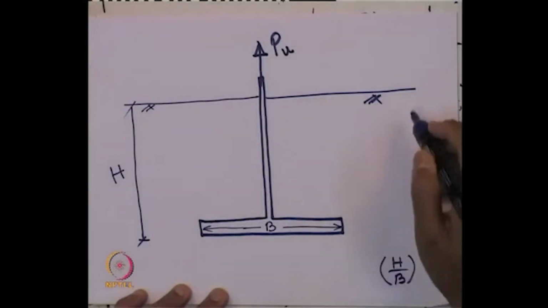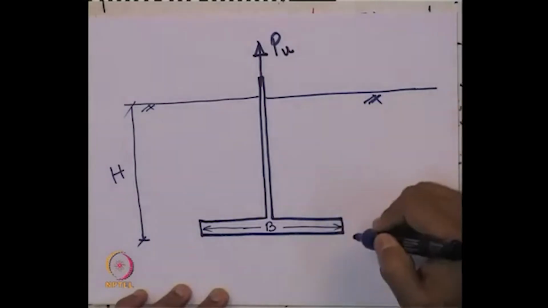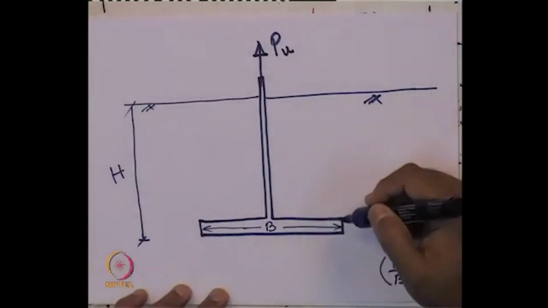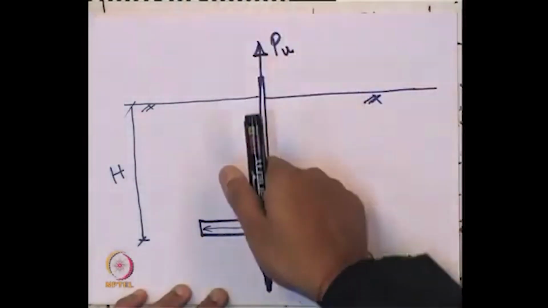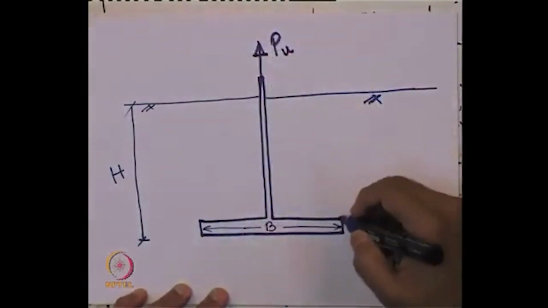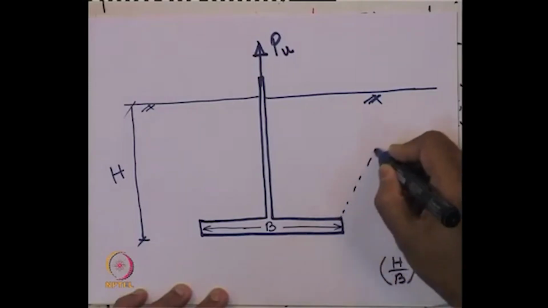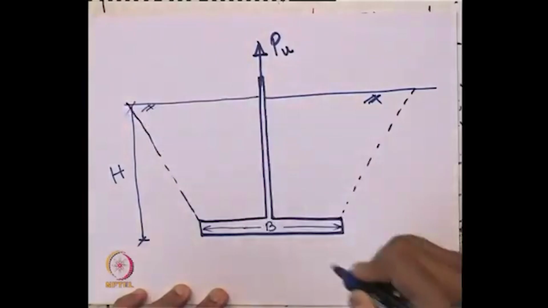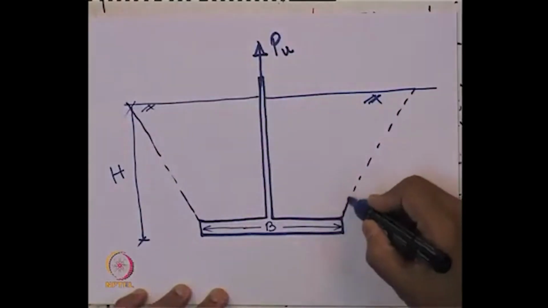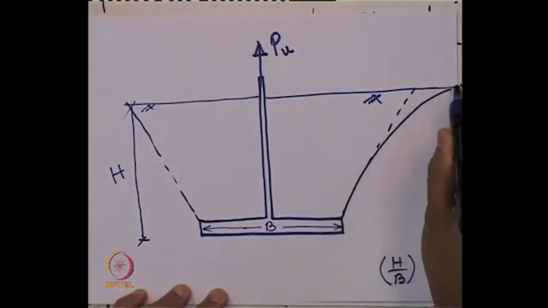Now, what will be the typical failure surface for this type of ground anchor when it is subjected to this uplift pull out? Typically it can fail like this. This is one of the typical failure mechanisms, or it can fail like this.